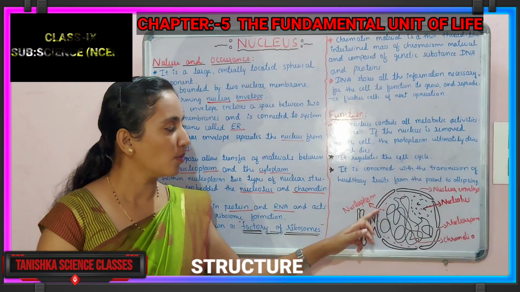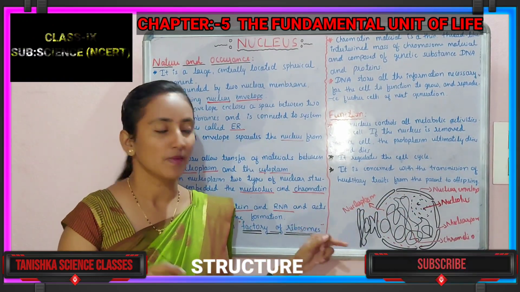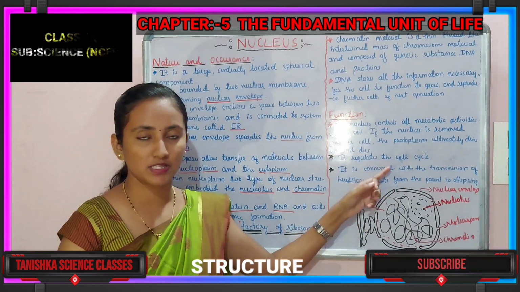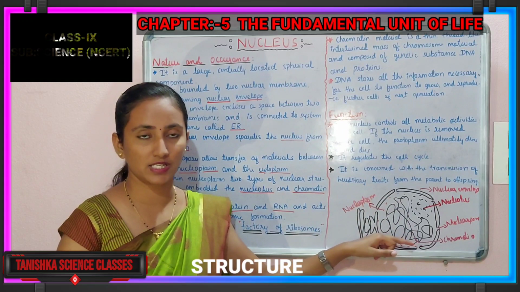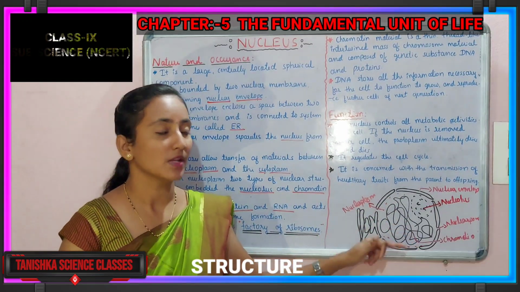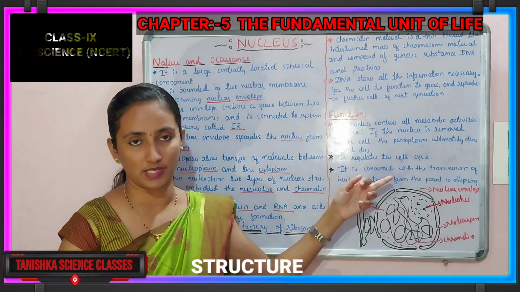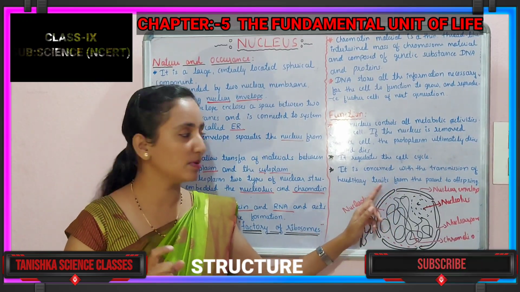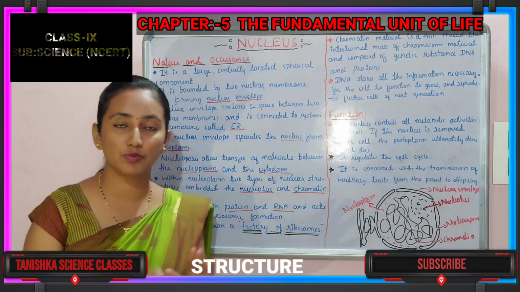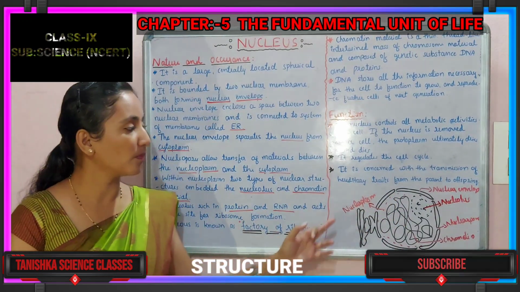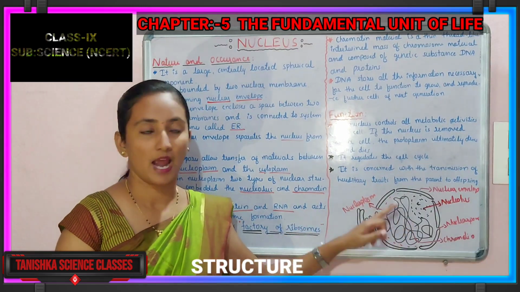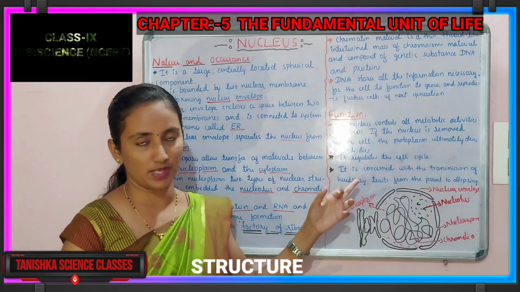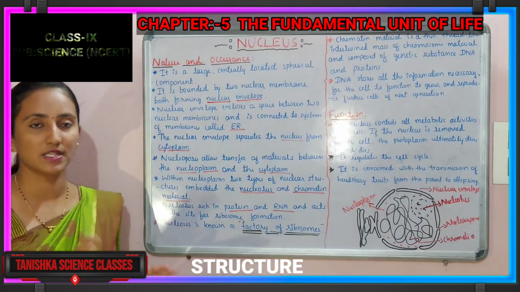In the nuclear envelope there are small pores, and they help to transfer material from the cytoplasm to the nucleus, inside the nucleus, otherwise called the protoplasm, and from the protoplasm to the cytoplasm. Who helps? Nuclear pores, present in the nuclear envelope. They help to transfer substances.